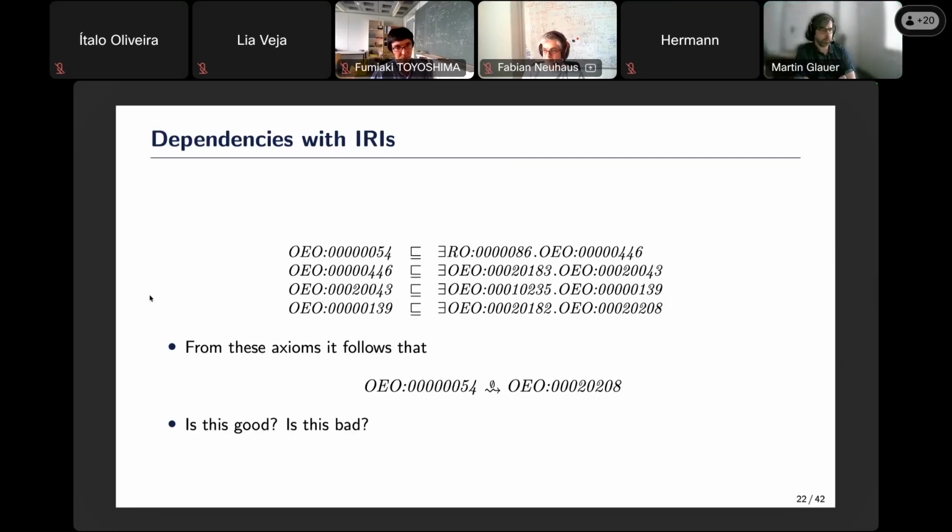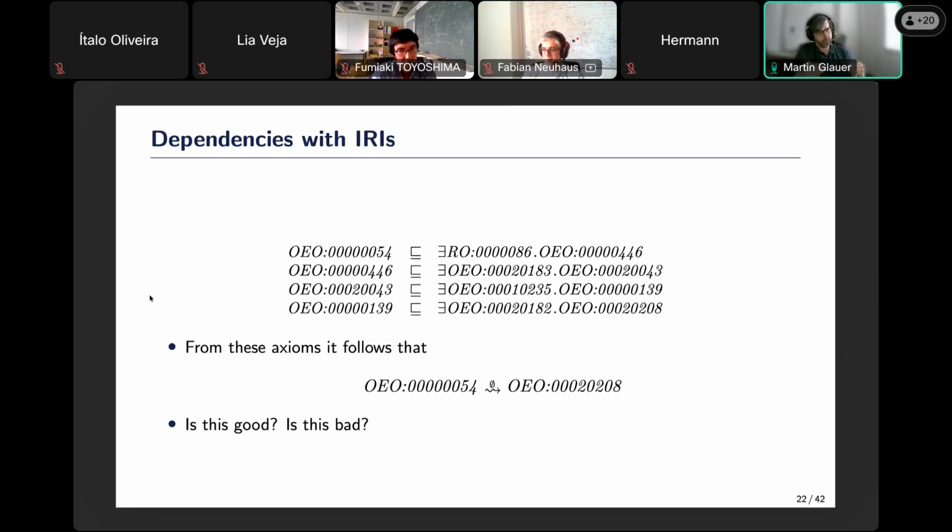So here we have an example of an ontology. Obviously, we have a bunch of IRIs with subclass relations and some quantifiers. And by looking just at this ontology, at the axioms from the bottom, we can see that if OEO 2028 at the very right is empty, then OEO 139 on the bottom left is empty.